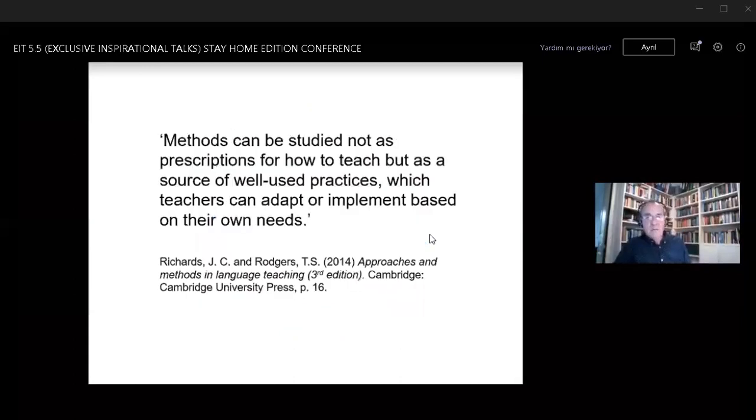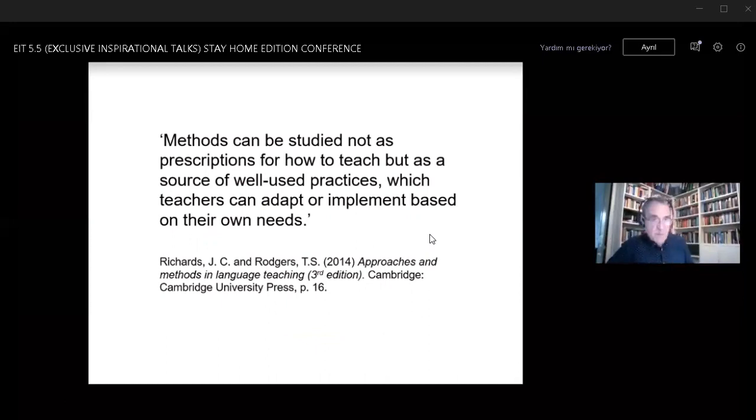So they said methods can be studied not as prescriptions for how to teach, but as a source of well-used practices. A source of well-used practices is a kind of resource, if you like, which teachers can adapt or implement based on their own needs.